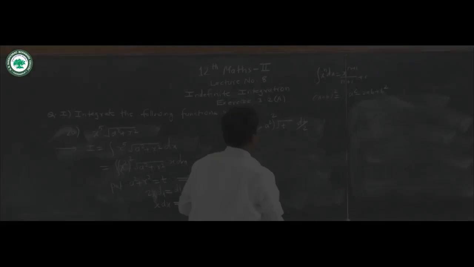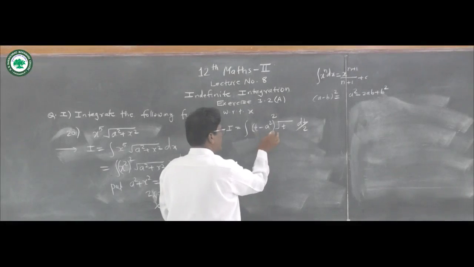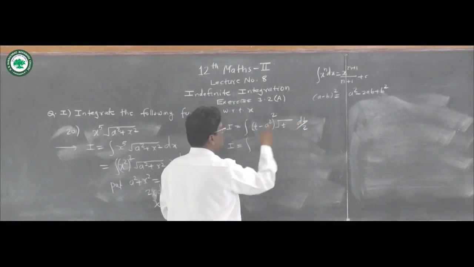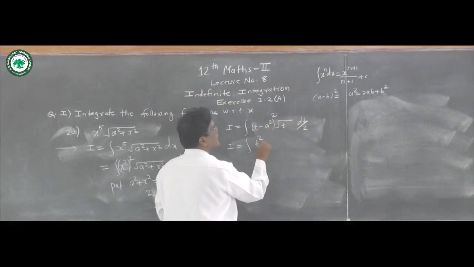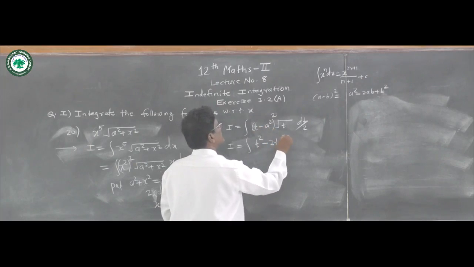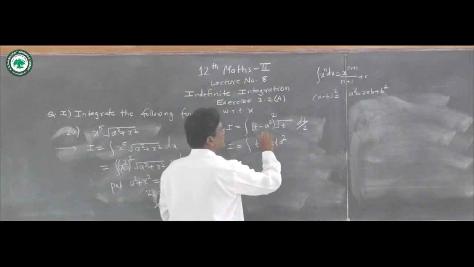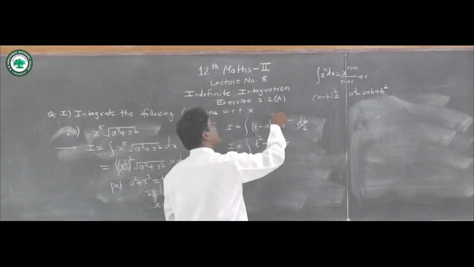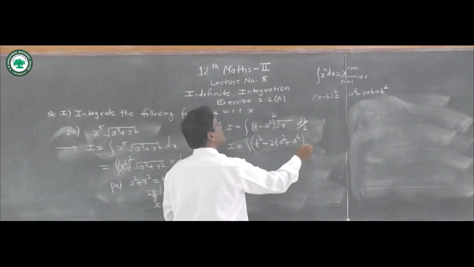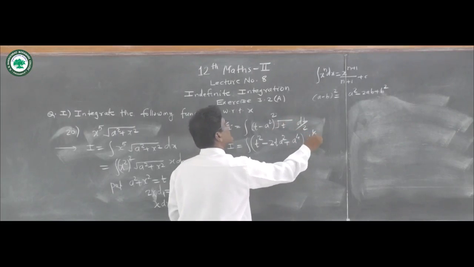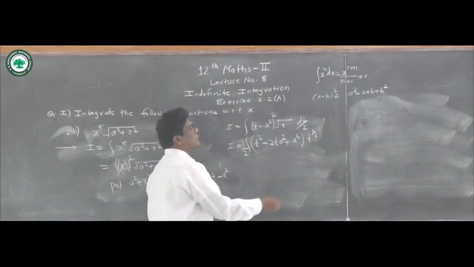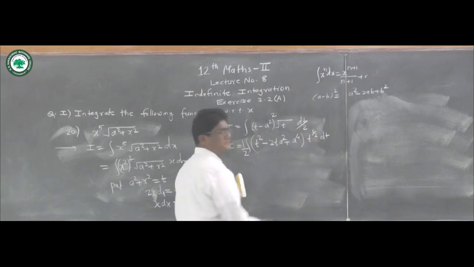So we expand this bracket, so I is equal to integration of t square minus 2 into t into a square, then plus a square to the square, that is a to the power 4, into root of t, we write t to the power half. This 1/2 is constant, we take outside of the integral, and dt as it is, like this.